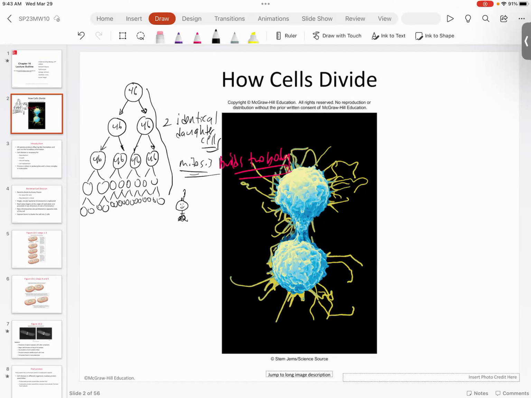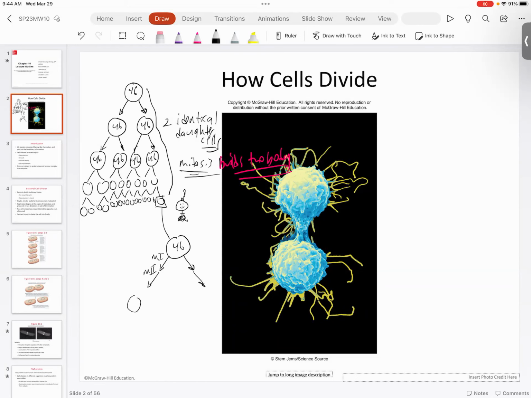Now, in our body, there's a subset of these cells that are set aside, special from all the rest. And what these will do is these will be designated to go through the next type of cell division, which is meiosis. And there's two phases to meiosis, not just one. There's a meiosis 1 and a meiosis 2.